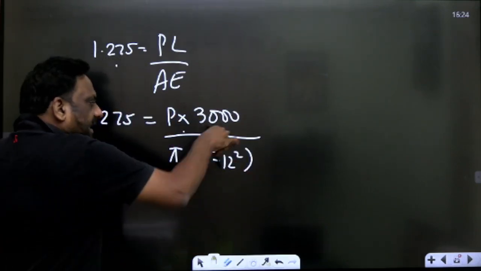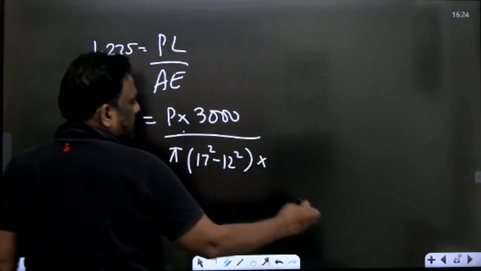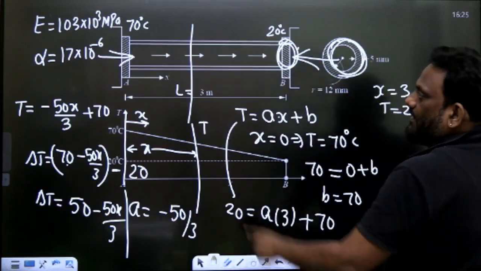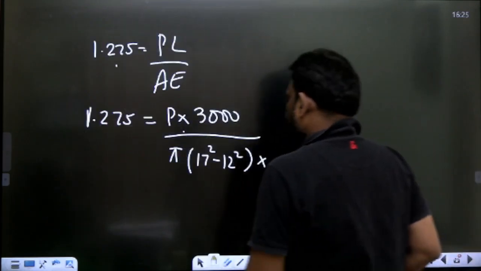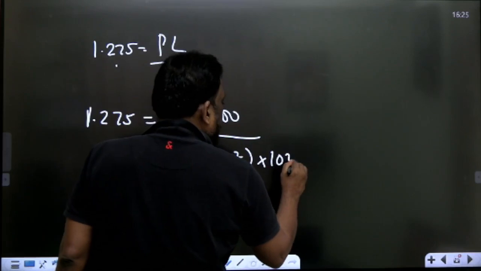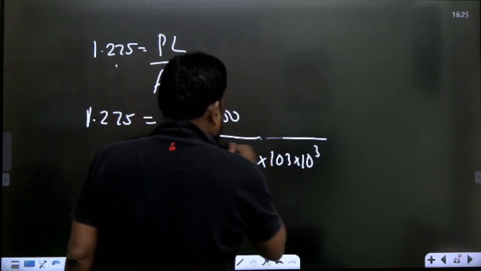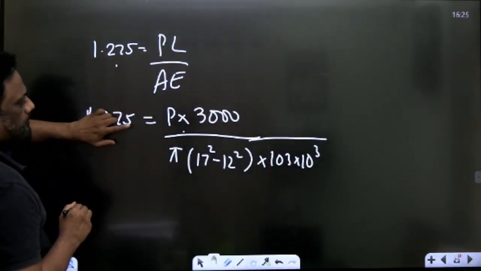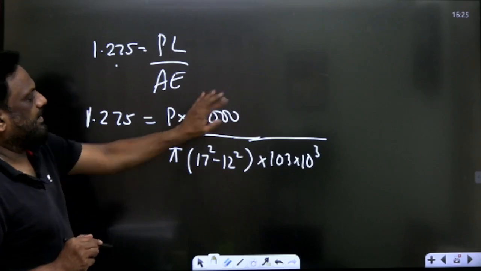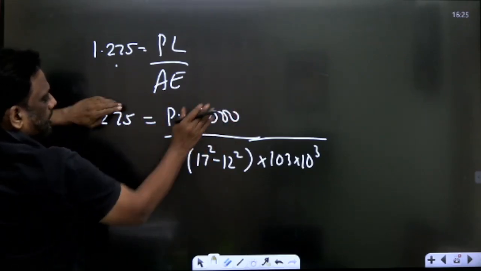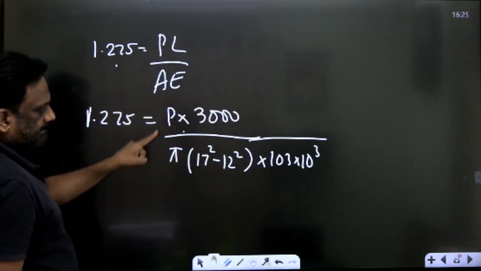PL by area into Young's modulus, AE. 103 into 10 power 3. Let us check the unit. Already this is in mm, so this is in mm. 3 meter, mm, tallied. P is in Newton.